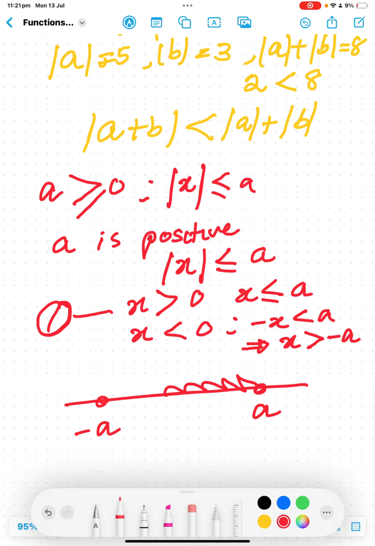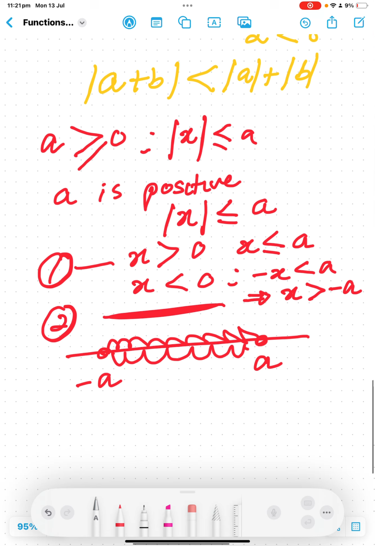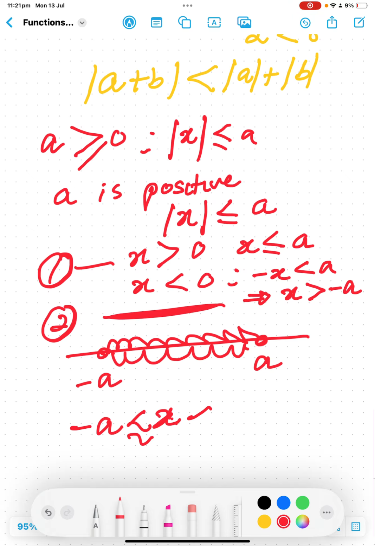So here. Condition 2 says x is greater than negative a. So here. So from this we can say x has to be in between negative a and positive a.